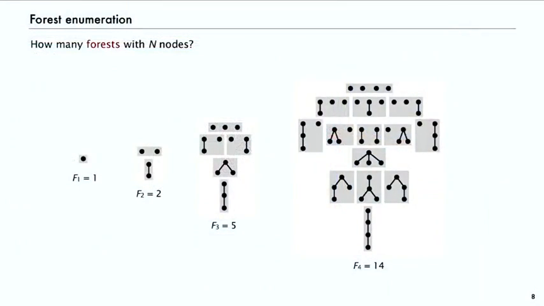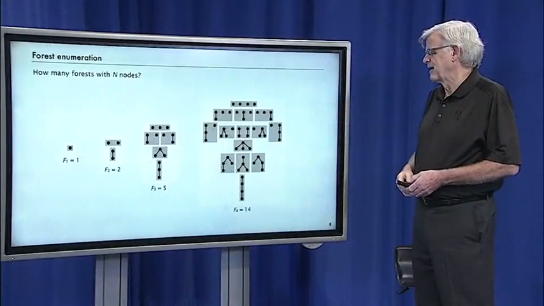So a question comes up immediately, which is enumeration. How many different forests are there with n nodes? These are all the forests with 1, 2, 3, and 4 nodes. And right away, you can recognize that the Catalan numbers are rising yet again.